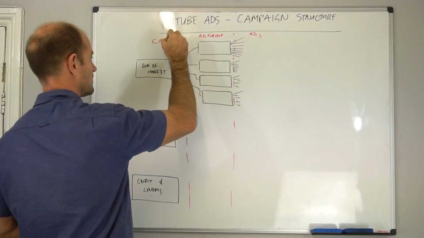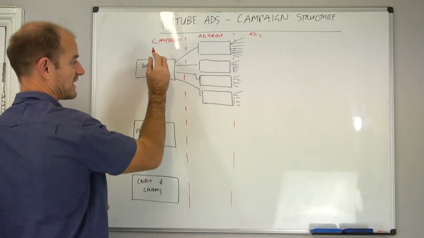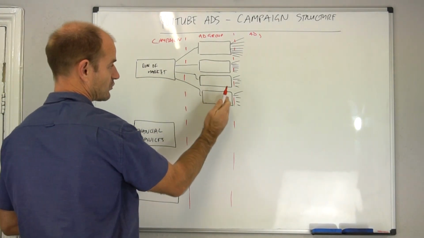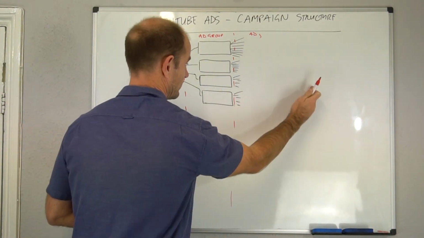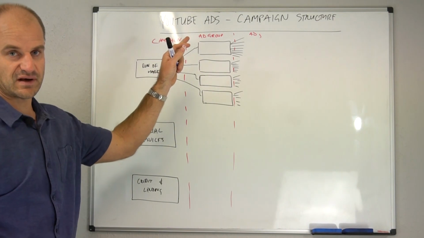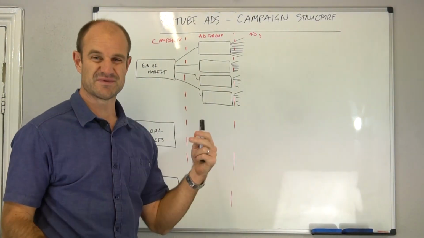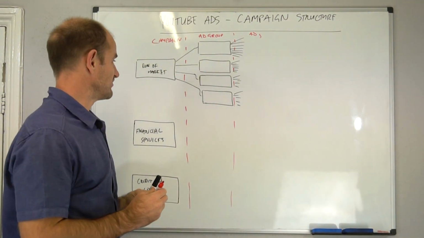So campaign on this side, ad groups in the middle, and then ads on this side. Ad groups in Google are the same as ad sets in Facebook.